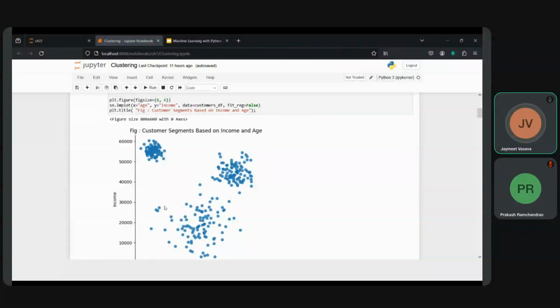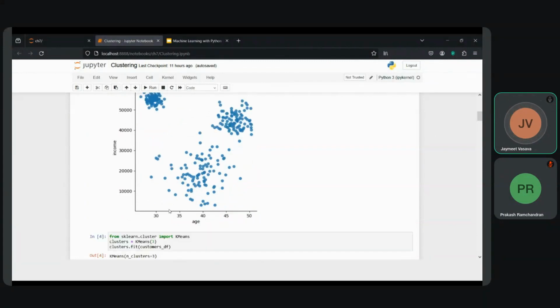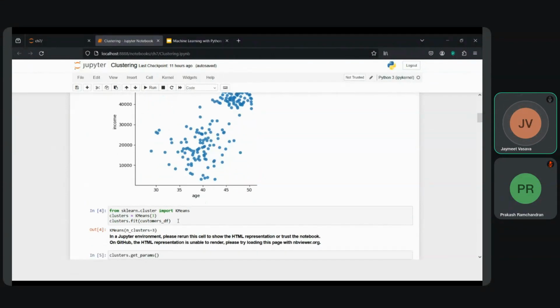We plotted the graph, and this is what the clusters look like. Roughly speaking, there were 3 visible clusters, very easy to see and recognize.